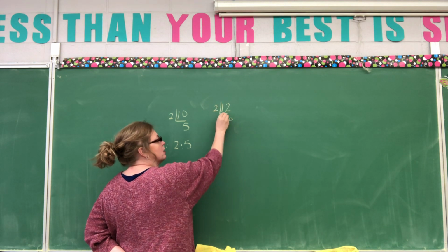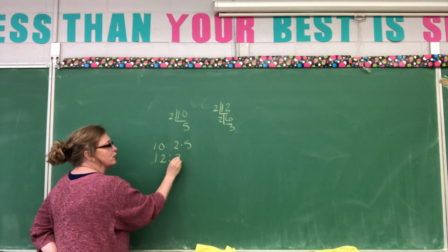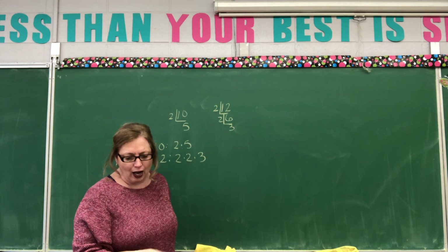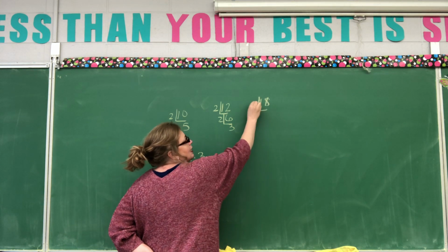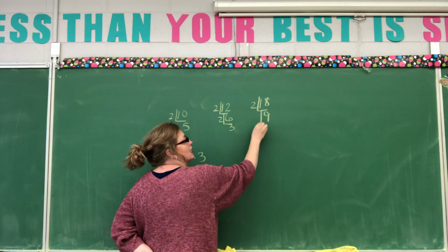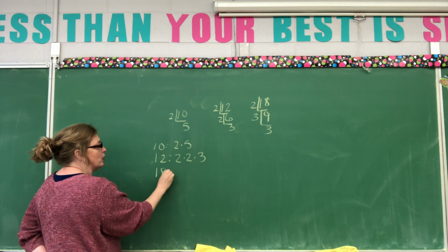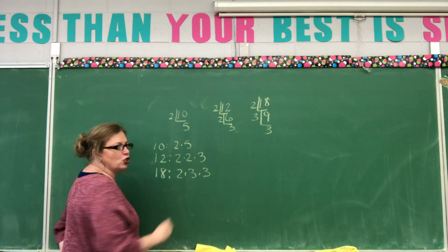Divide it by 2, divide that by 2 again, you get 3. So 12 is 2 times 2 times 3. And then our last number in the book was 18. So we're going to divide that by 2 and get 9. Divide 9 by 3 and get 3. So our 18 is going to be 2 times 3 times 3.